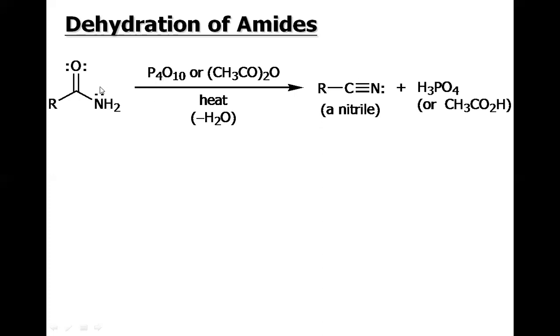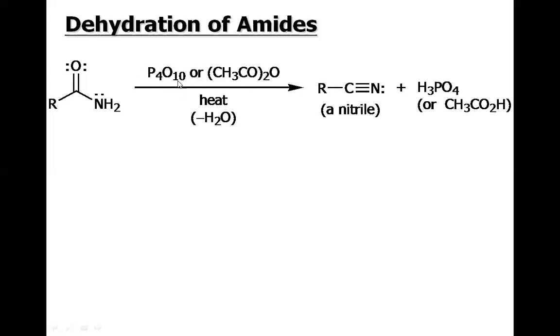So to dehydrate the amide, we have to use a dehydrating agent such as P4O10 or acetic anhydride. This is the formula of the acetic anhydride, and this P4O10 is basically a dimer of P2O5. P2O5 is called diphosphorus pentoxide. So when we take two diphosphorus pentoxide, it becomes tetraphosphorus decoxide.